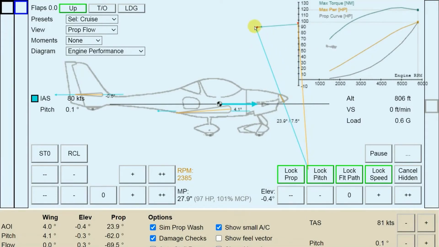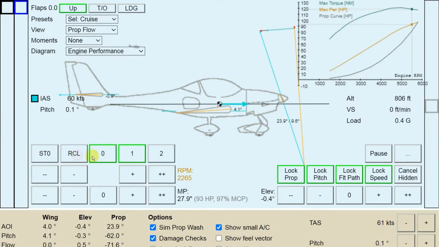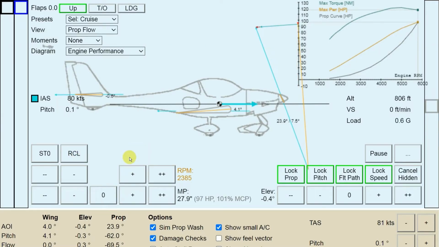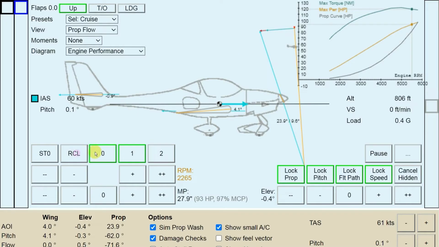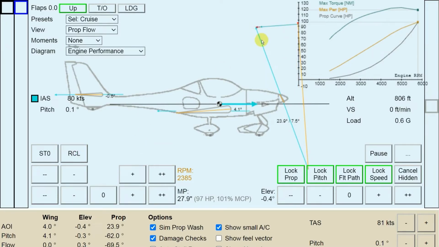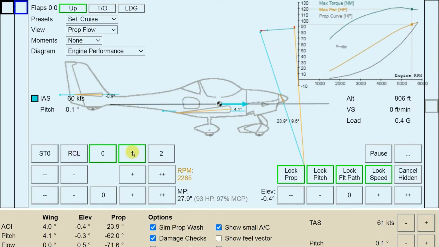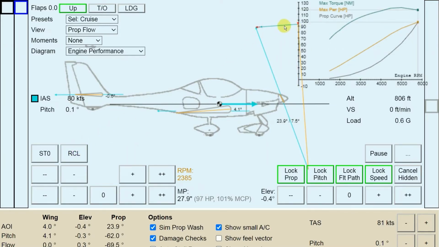The explanation lies in the direction of the airflow at the propeller. If we compare the two airflows, we notice that at 60 knots, the airflow is tilted less to the back than at 80 knots. That happens because the axial flow due to the movement of the aircraft at 60 knots is smaller than at 80 knots.